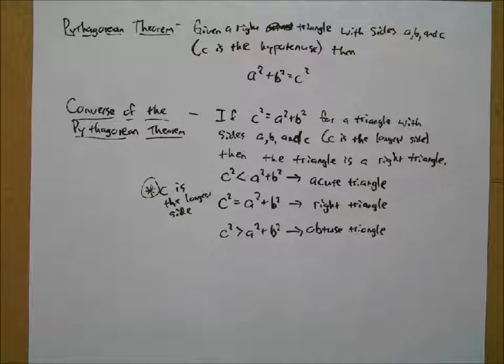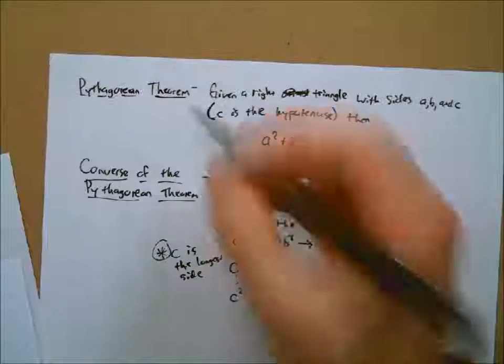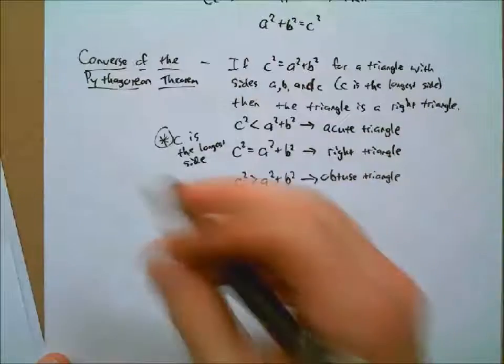So we'll just do two examples here, and I'll have you try these on your own. You're either going to use the Pythagorean theorem to answer it or the converse of the Pythagorean theorem, so be prepared for that.